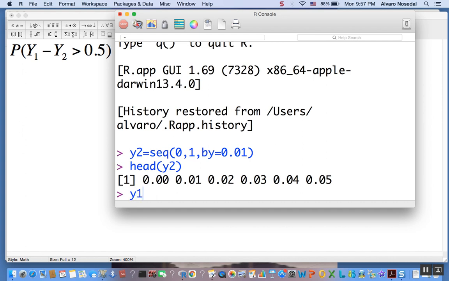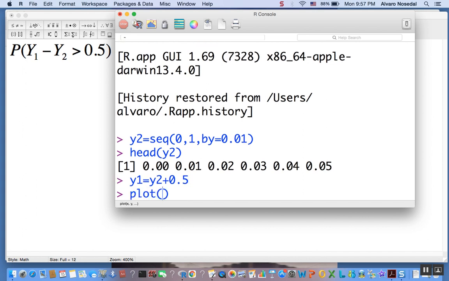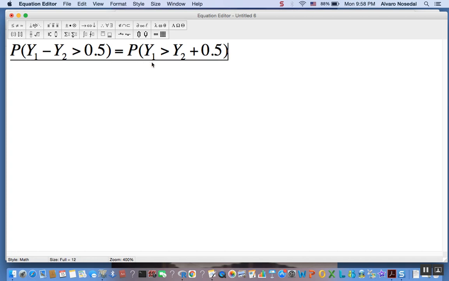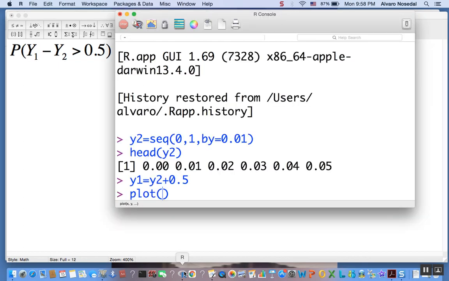So y1 is going to be y2 plus 0.5. As we said, we're thinking about y1 as the variable that goes on the vertical, as the y, right? That's the usual notation for the vertical axis. So y1 is going to be our y, and y2 is going to be our x, meaning the variable on the horizontal. Now let me plot. y2 goes on the horizontal, y1 goes on the vertical.